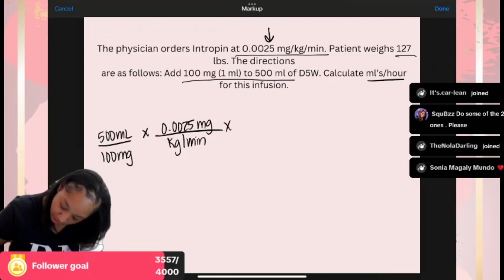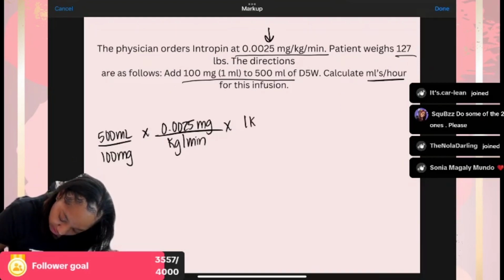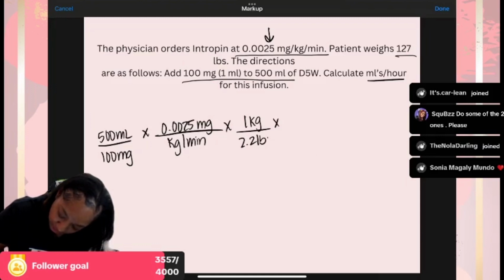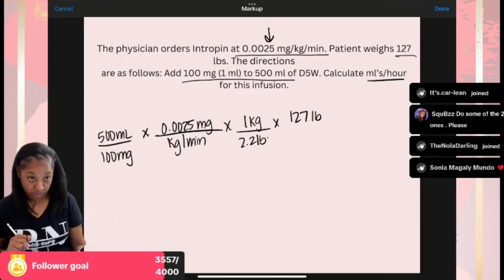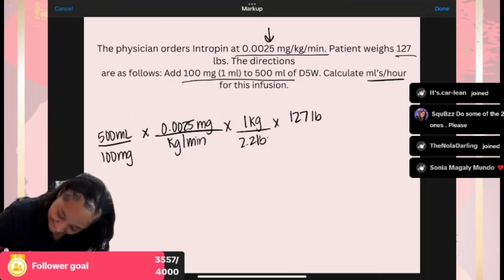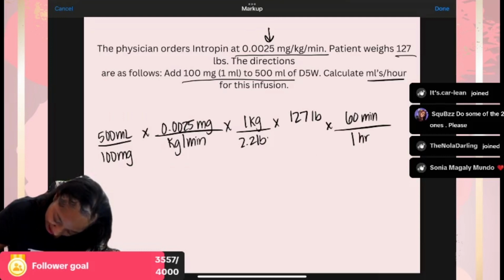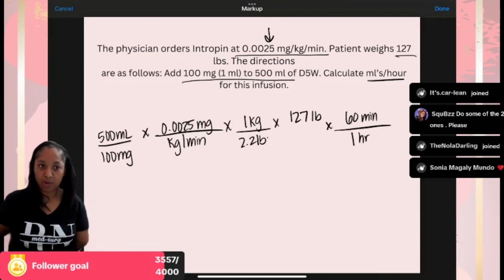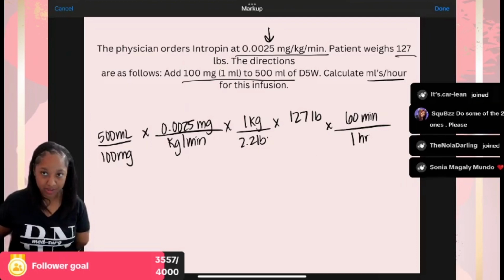So we can do 1 kilogram over 2.2 pounds. And then we'll put our patient's weight in pounds. And then we still need to get hours at the bottom instead of minutes. Put minutes at the top, hour at the bottom. And we're gonna check to make sure everything crosses out.